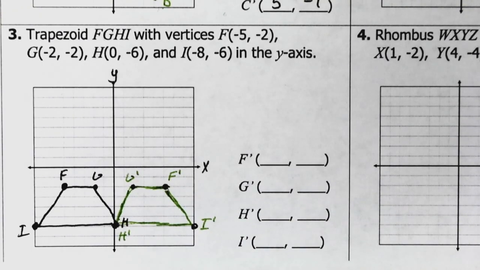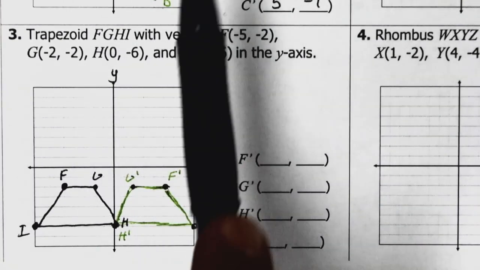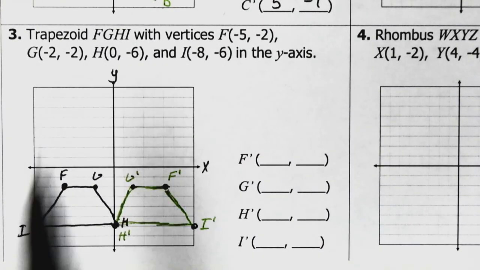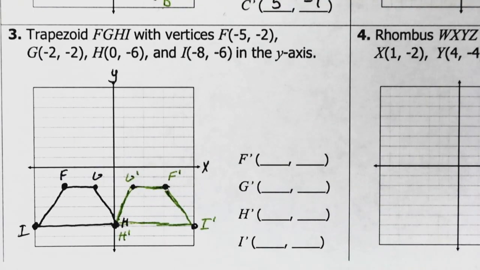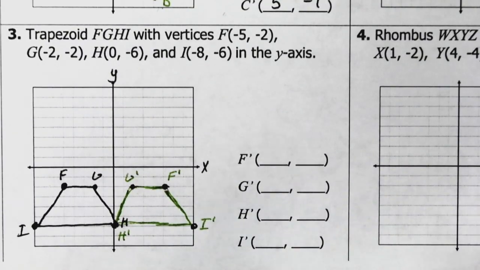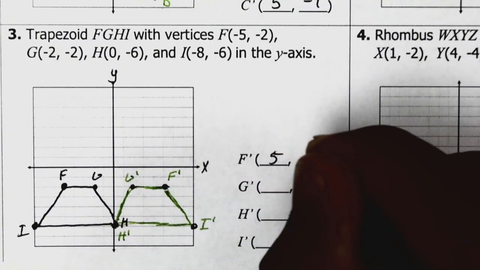So if you're going to do the rule like we did on the last one, since we're reflecting over the y-axis, all we're going to do is change the sign of the x's. When you get to the H one, because it's 0, and 0 is neither positive nor negative, you can't change its sign, so it just stays 0. So F prime is now +5, -2.